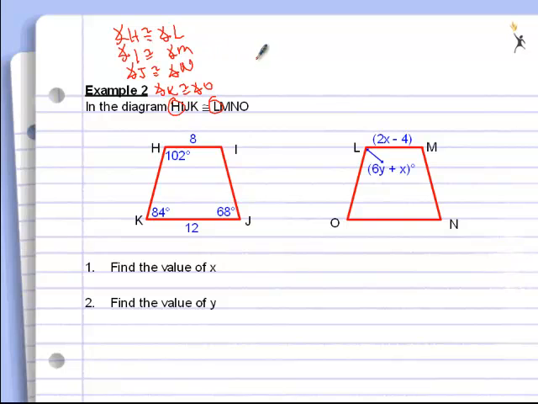What about sides? The first two letters, HI and LM. HI is congruent to LM. The second letters, IJ and MN.